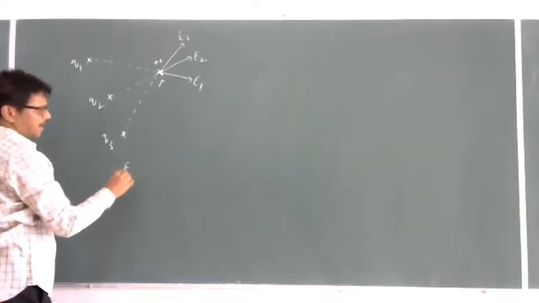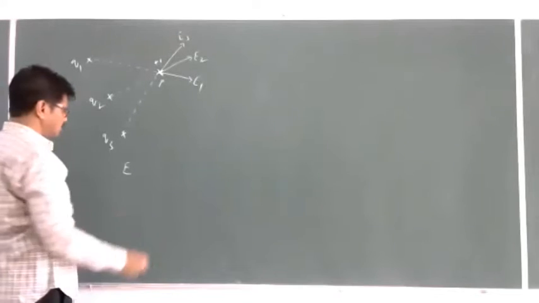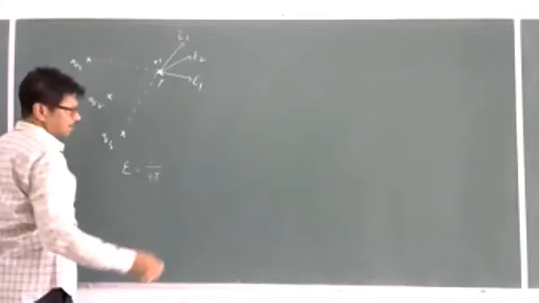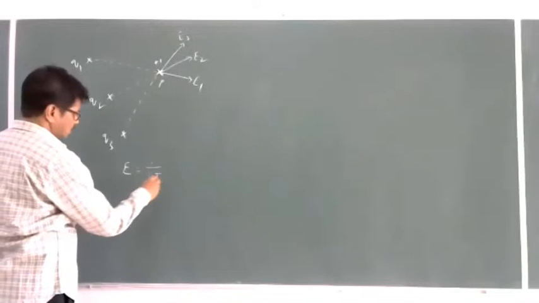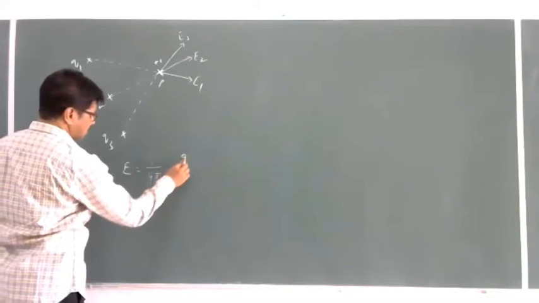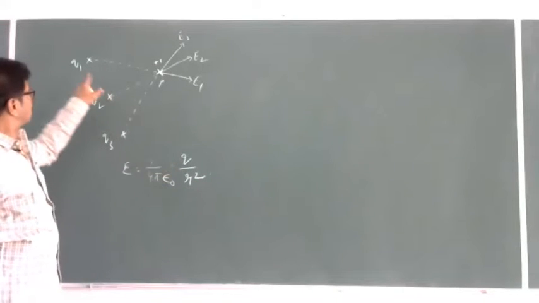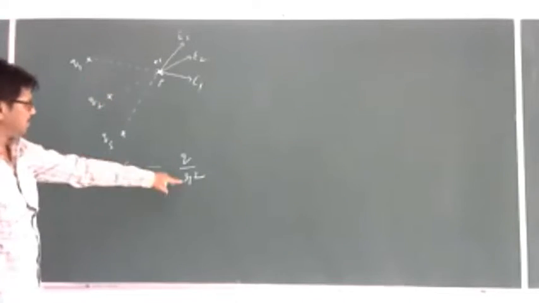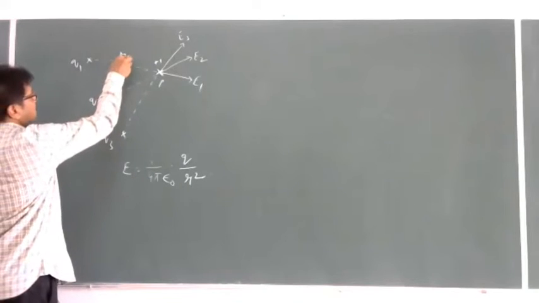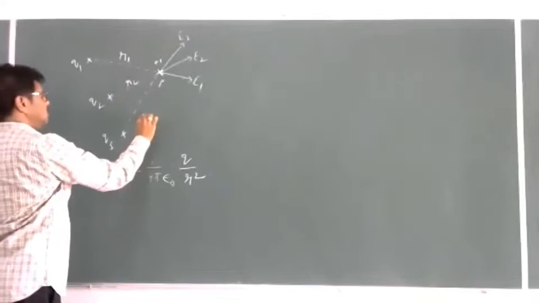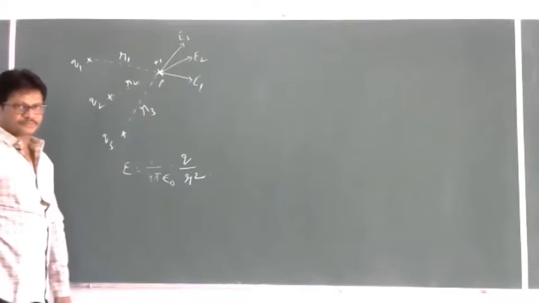In order to find the E1, E2, E3 values, we'll take the help of the formula we derived yesterday, that is 1 by 4 pi epsilon naught Q by R square. Instead of Q, here I will take Q1, instead of R, I will take R1. In this case R2, in this case R3.